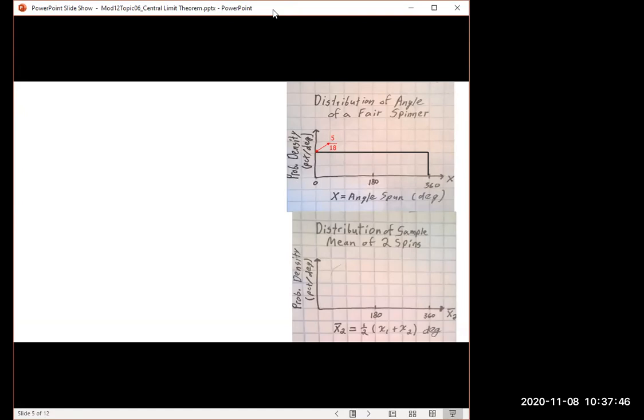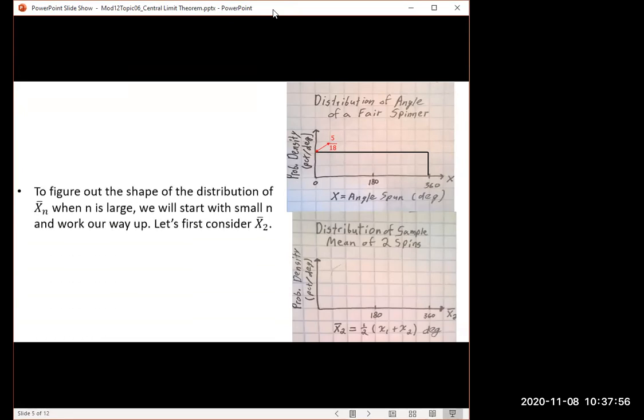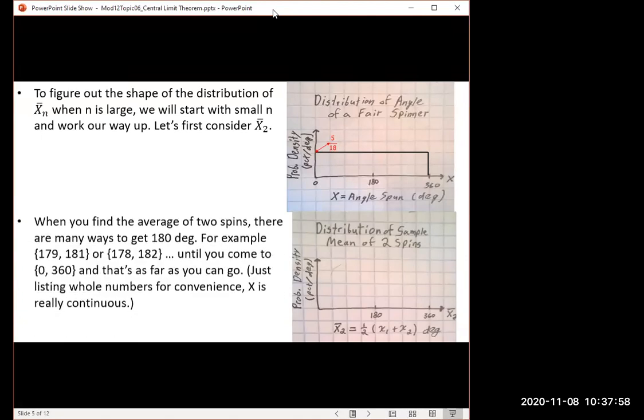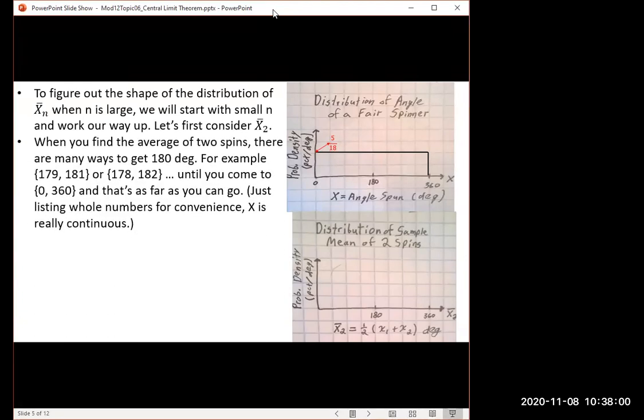And then make a histogram of them to see how they are distributed. Only right now we're not really spinning, we're making a theoretical model, a probability model for that. So, we're starting with small n, just 2 spins, and we're going to work our way up to what happens if you spin it many times.